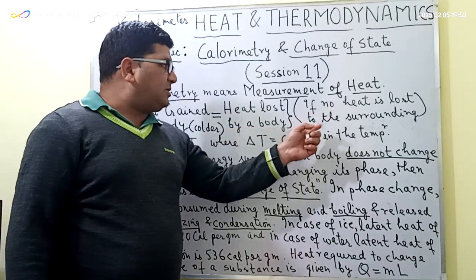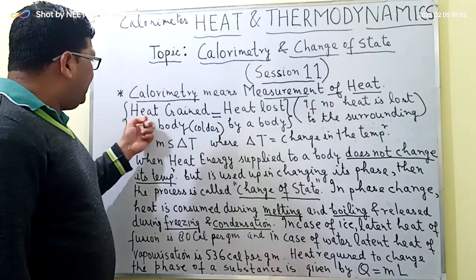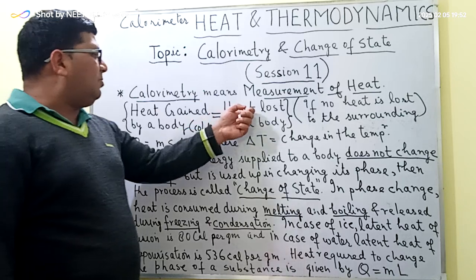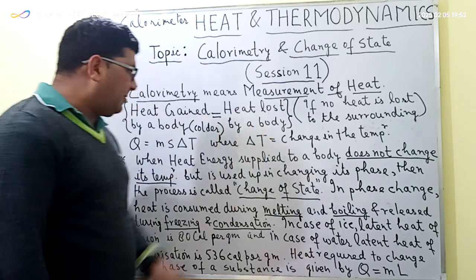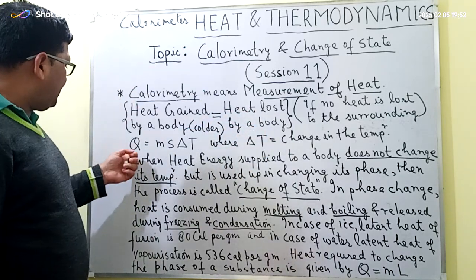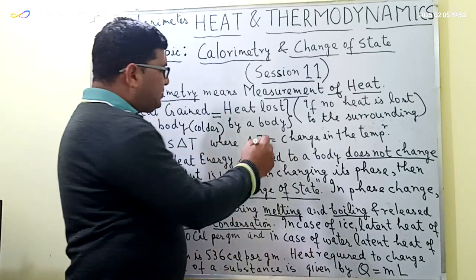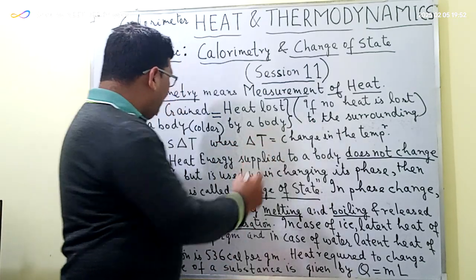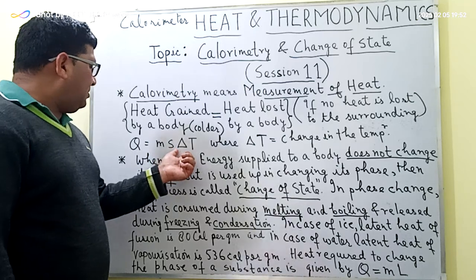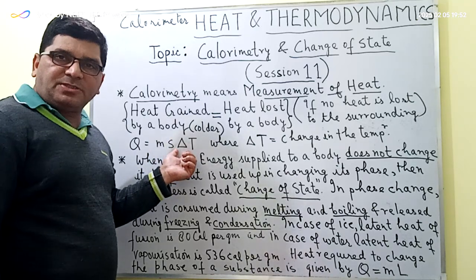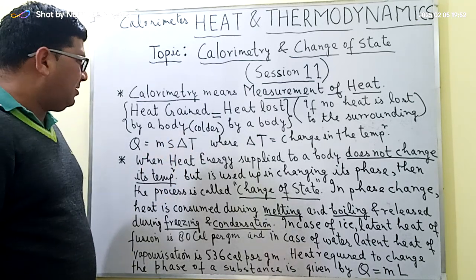And the heat exchange is given by Q = msΔT, where ΔT is the change in the temperature, s is the specific heat of that substance, and m is the mass of it.